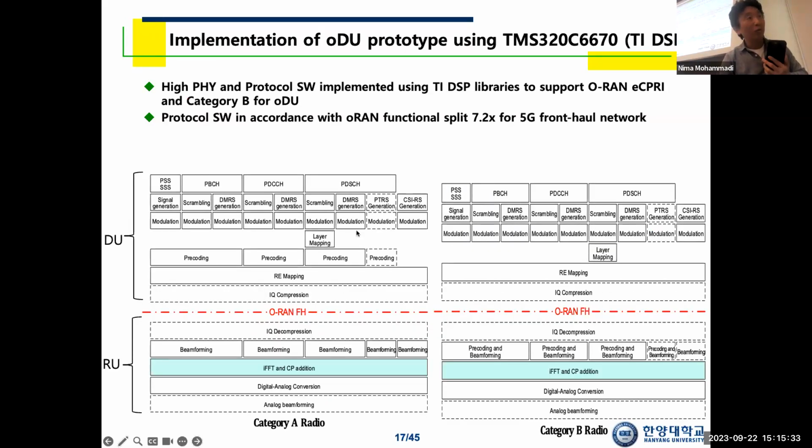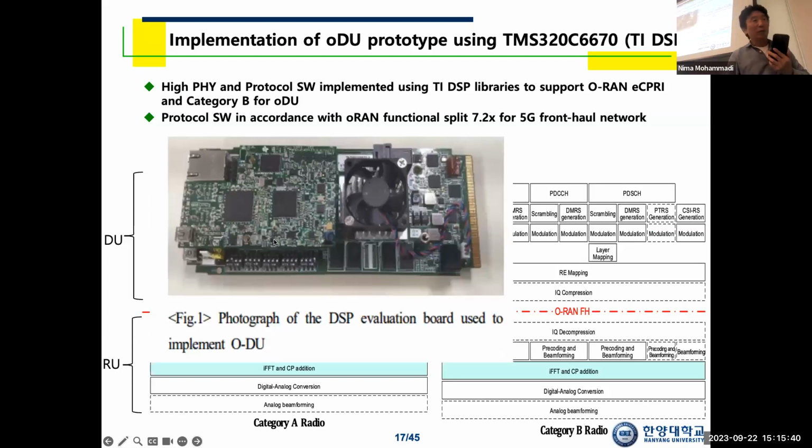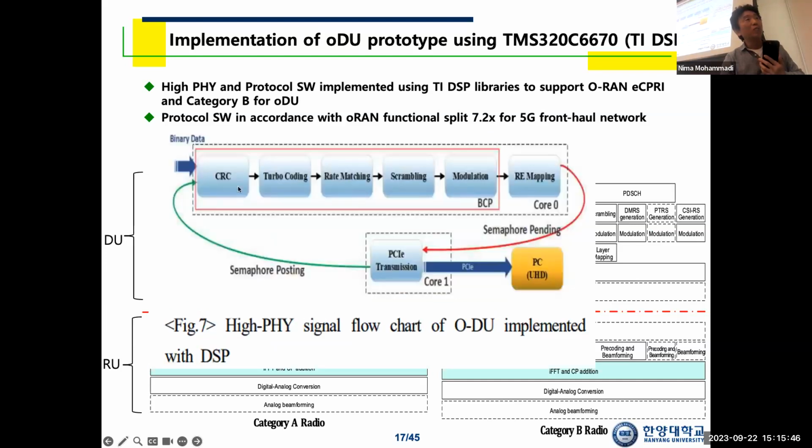Now we are ready to make the ODU emulator, which takes care of all these functionalities, okay? With a Texas Instruments board, I implemented that. And these are the functional blocks implemented on the Texas Instruments DSP. As you see, I'm not considering MAC and RLC, okay? I'm just generating 5G or 4G compressed value data samples for each single period.